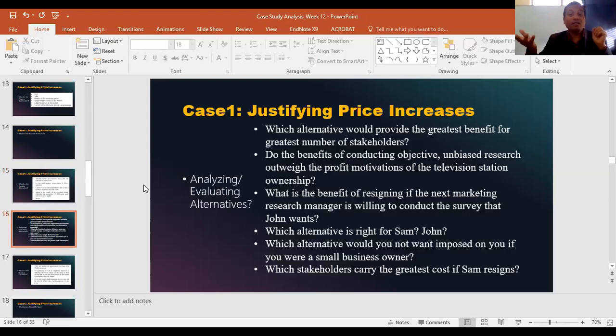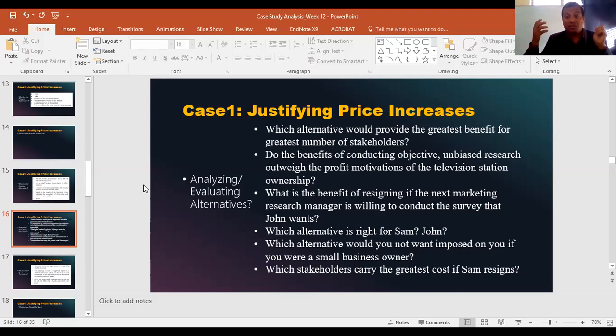So what is the benefit of resigning if the next marketing research manager is willing to conduct the survey that John wants? What other alternative is right for Sam or for John? We have not discussed the alternative for John, but the main protagonist over here is Sam. He's the person who is having a dilemma, who has to take the decision regarding marketing and ethics.